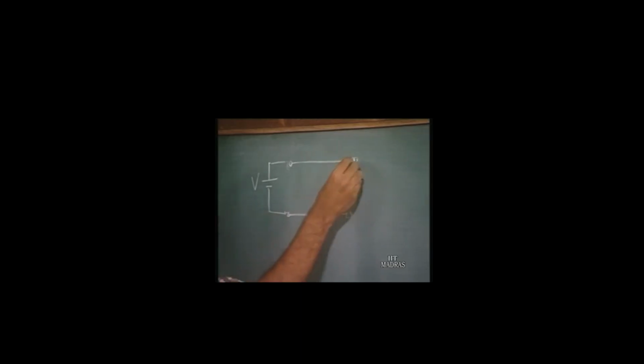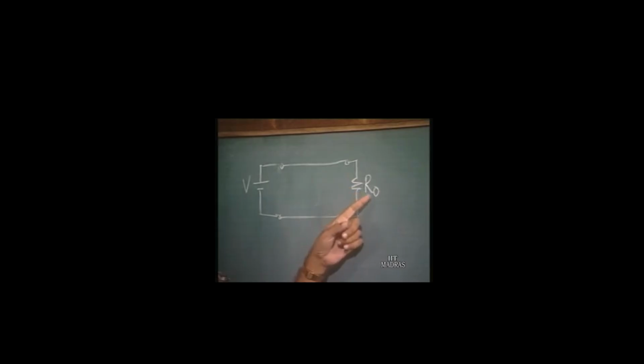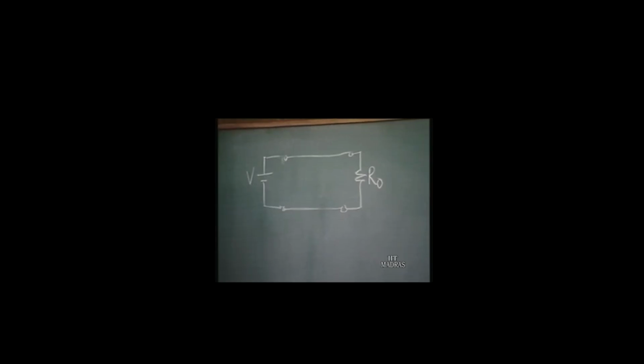Again, if we assume that there is a load resistance equal to the characteristic impedance, the fronts will move maintaining a ratio of R naught, and once they reach the load end of the line, since the load resistance is also R naught, there is no problem, because the ratio of voltage and current at the load end is equal to R naught.